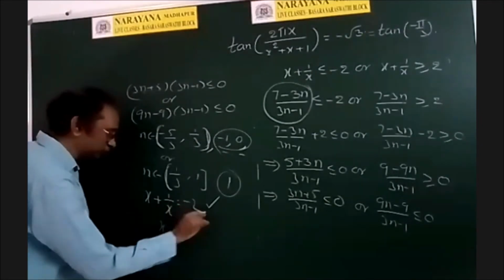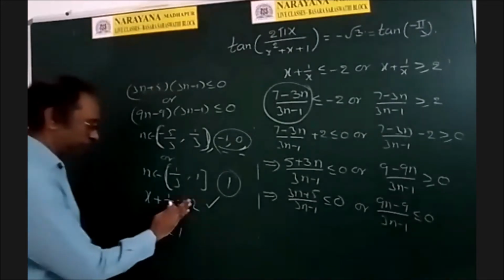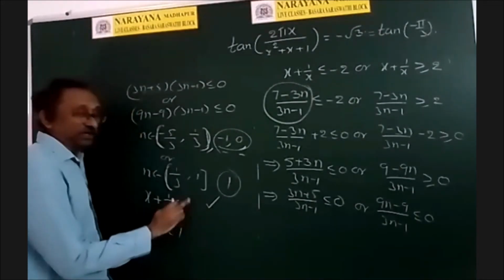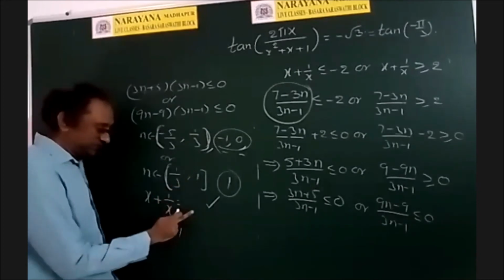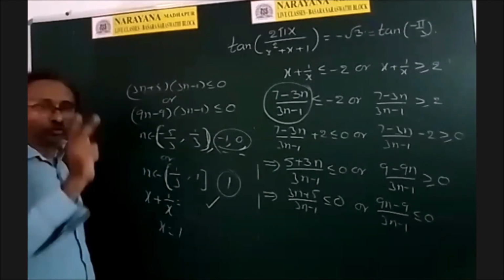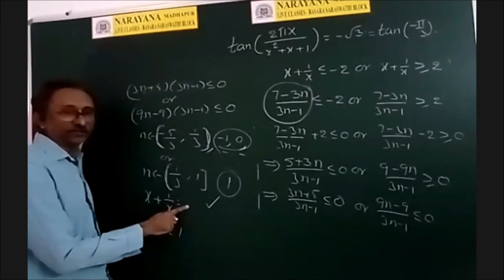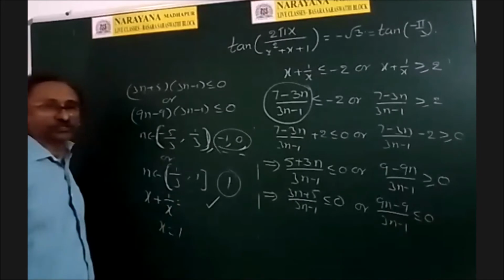If this is minus 2, definitely you will get only one value, that is minus 1. But if this is a number greater than 2, or a number less than minus 2, definitely you will have two solutions. If this number lies in between minus 2 and plus 2, no solution.